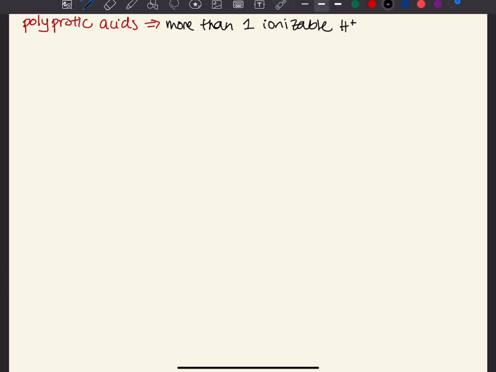Now, if you have more than one ionizable proton, that means you're going to have a Ka value for each proton that is dissociated. So let's look at an example, and we can look at phosphoric acid. With phosphoric acid, we can ask ourselves, how many hydrogens do we have?